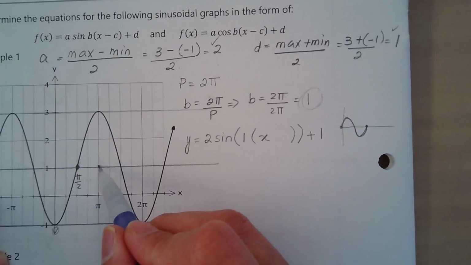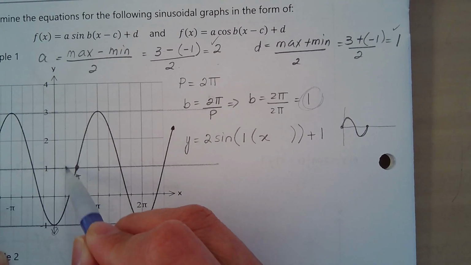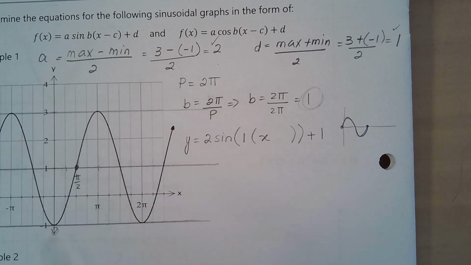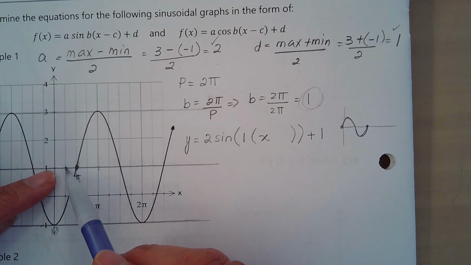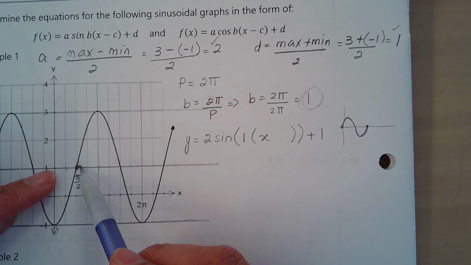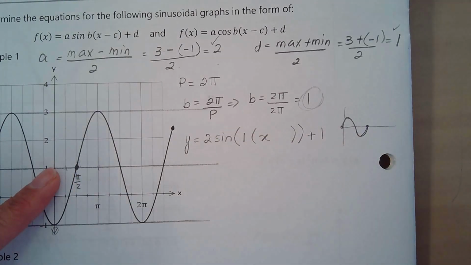So this is pi, 1, 2, 3, 4. So each one is pi over 4. This is pi over 4, 2 pi over 4. And we know 2 pi over 4 is pi half, right? So this is where your graph started.